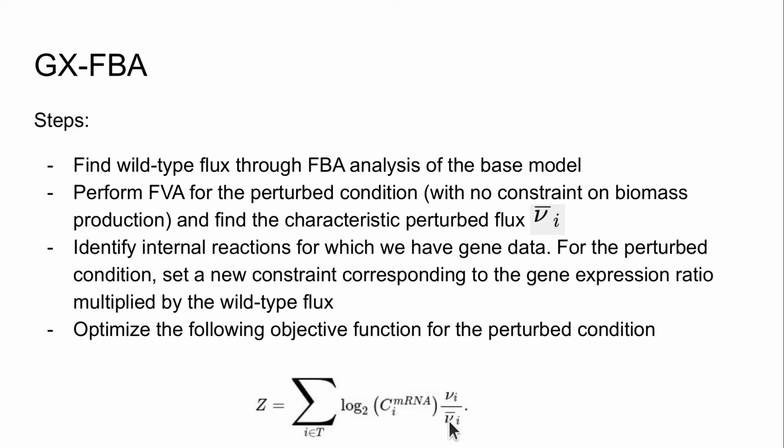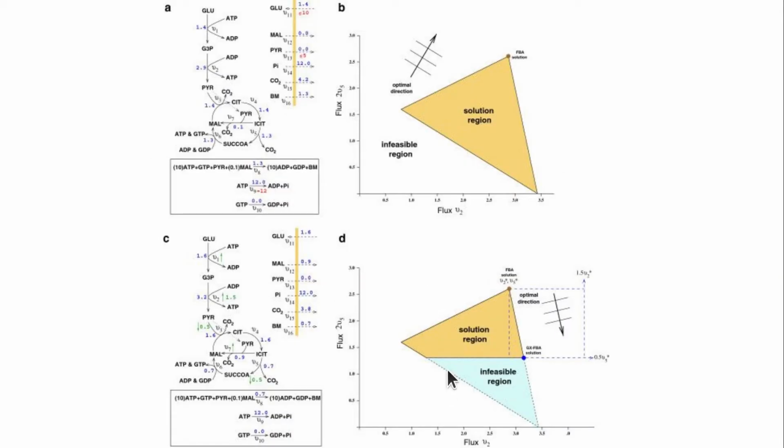These are a priori constants. The only thing that we can vary in our optimization is this VI. So it's a very straightforward linear programming problem. So that's going to correspond to a straight vector identifying the direction of optimal Z with parallel lines showing values of equal Z.